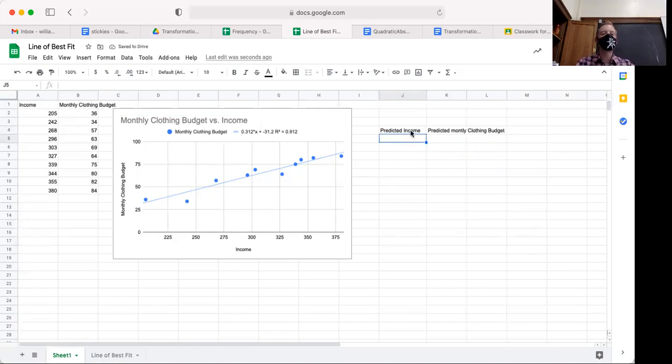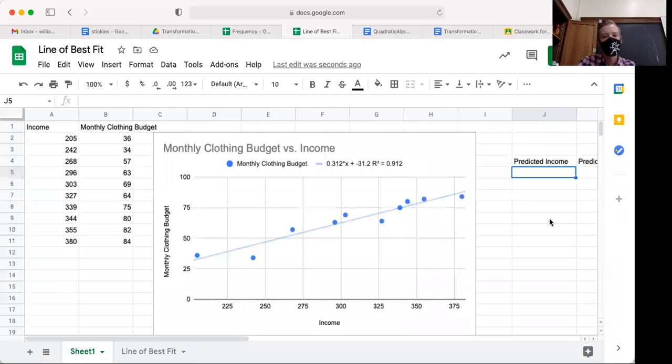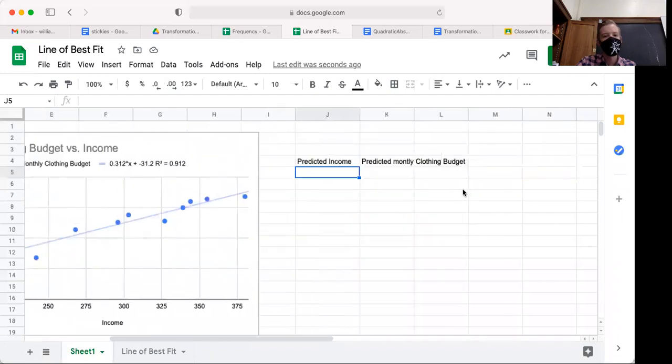So I'm adding these two things over here on the side. You can also add them down on the bottom here, but I am adding these two things over on the right-hand side. So we can start to make a prediction here.